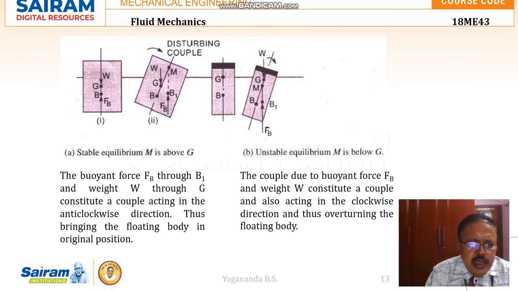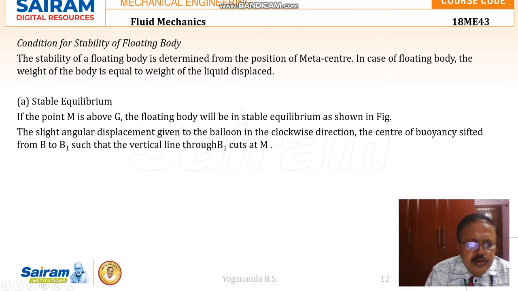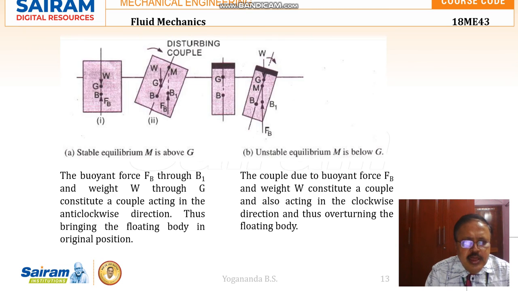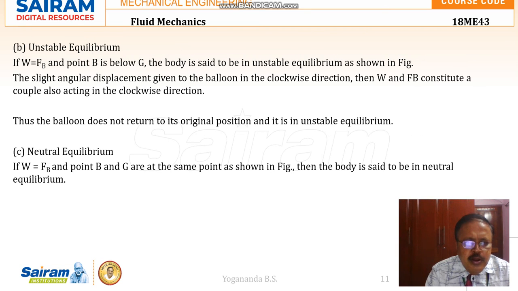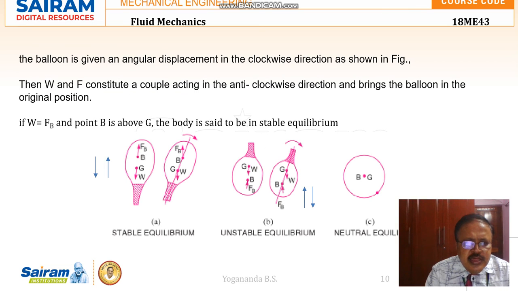Now, floating body. The body is floating on the surface of the liquid here. The stability of a floating body is determined based on the position of G and M. Here G and M will play the role. In the case of a submerged body, it is G and B which decide the equilibrium state.